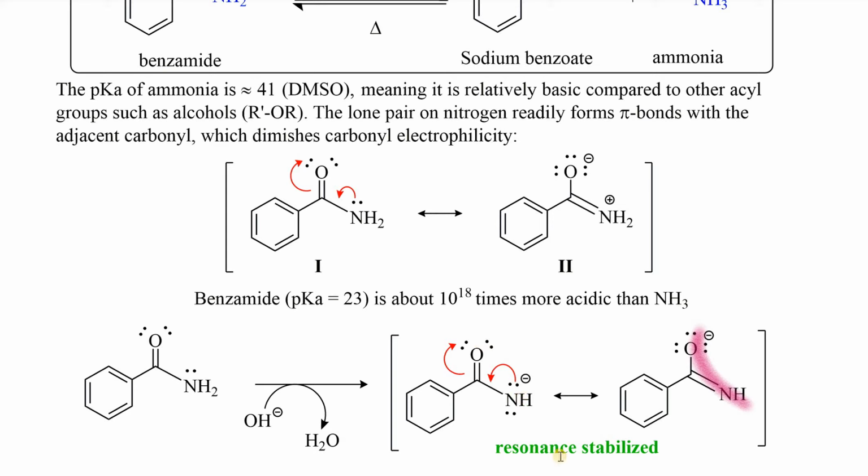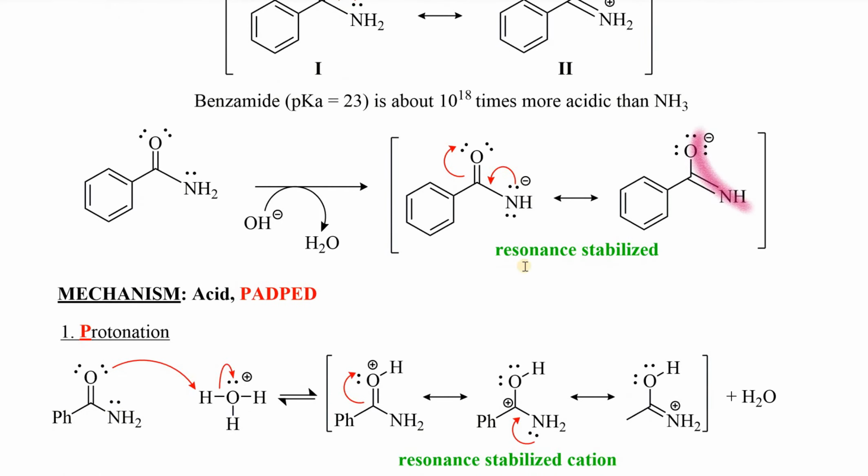How do we break up amides into the carboxyl portion and the amine portion? And before we jump into it, we are using amides as the example, but the pattern here is PADPED. If we're using acid, we need to activate the carbonyl via protonation and then carry out the addition-elimination, which is observed in esters, carboxylic acids.